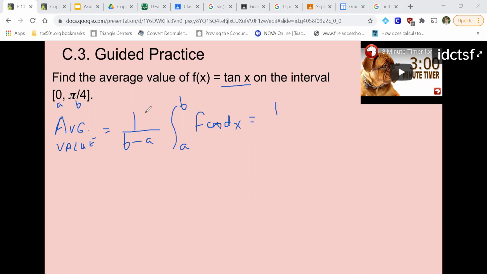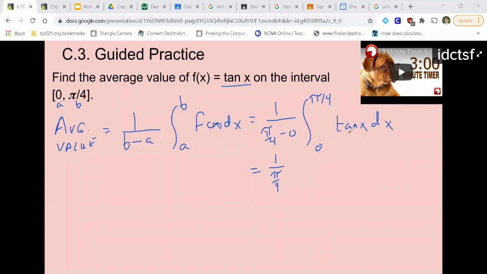So it'll be 1 over pi over 4 minus 0 of the integral from 0 to pi over 4 of tangent of x dx. Pi over 4 minus 0 is just pi over 4.